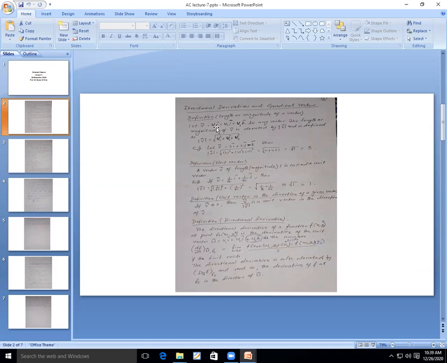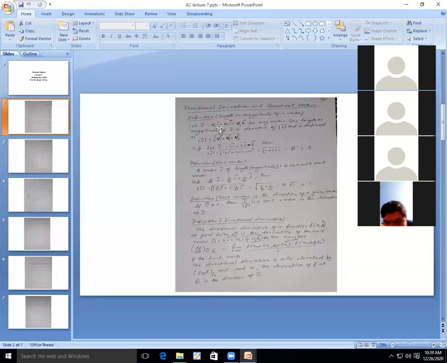This V is equal to V1 i vector plus V2 j vector plus V3 k vector. This is a vector in 3 space, and V1, V2, V3 are the components of this vector along these unit vectors i, j, and k.